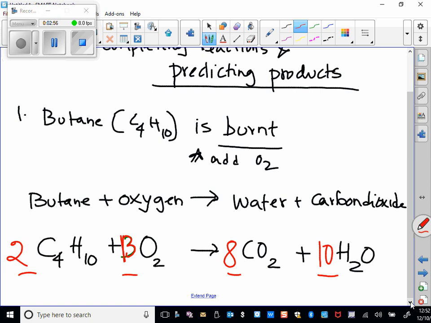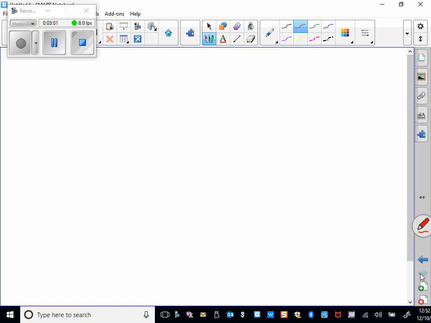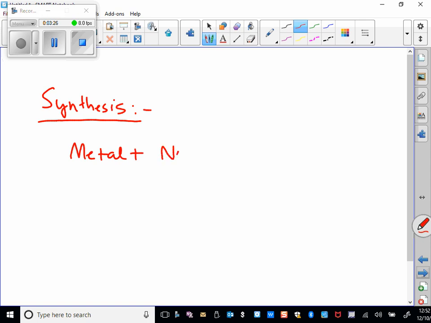Let's come to a synthesis reaction. What are we doing? We are doing a synthesis reaction. Guys, even though there exist a couple of different types of synthesis reaction, we are only going to stick to one type of synthesis reaction in our class. What type are we going to stick to? We're going to say metal plus non-metal will make what?